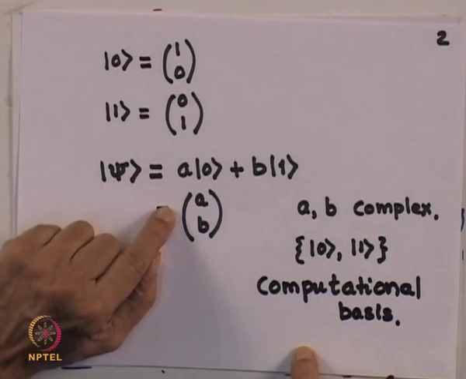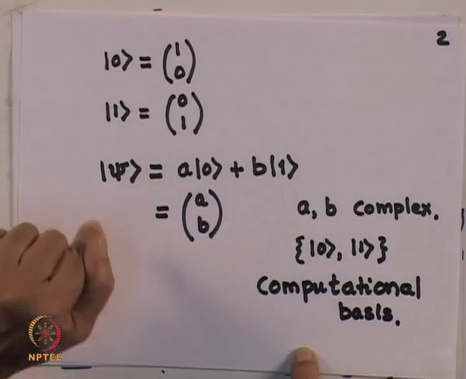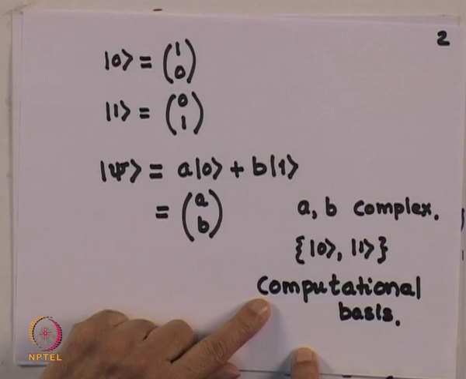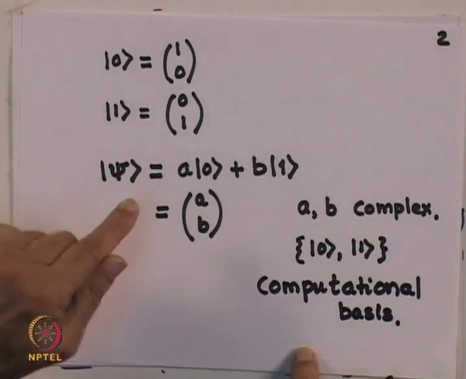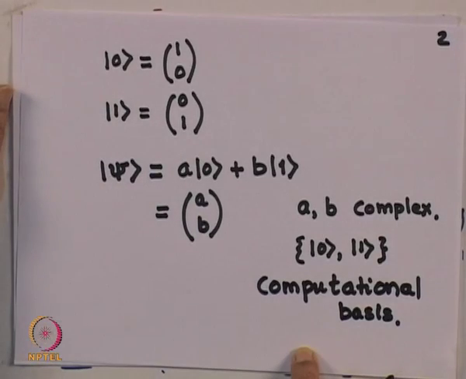So if you have a state like this and you are making a measurement in the computational basis, then you are not going to get a linear combination as a result.